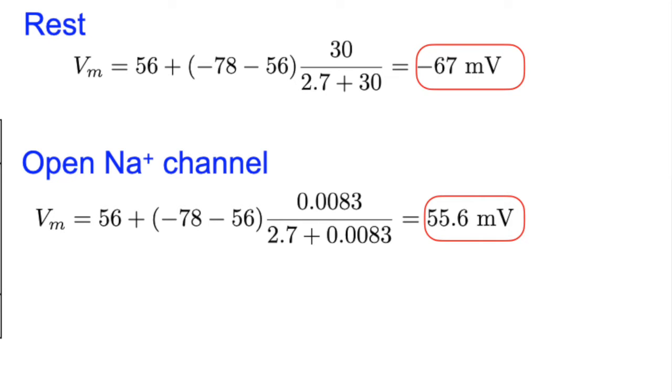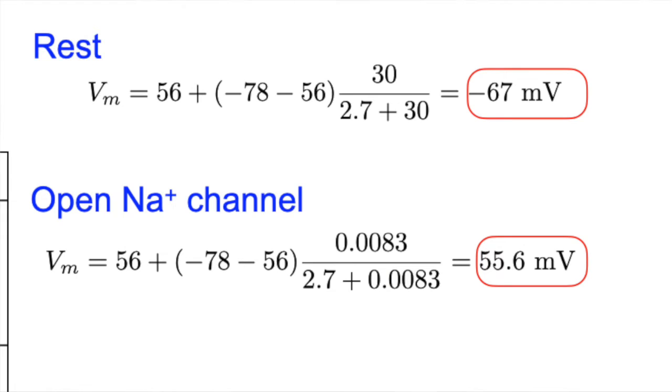And that changes the scenario quite dramatically to give us a value of 55.6 millivolts, almost the same as the sodium equilibrium potential. So we've gone from the equilibrium potential of potassium all the way up to a value almost equal to the equilibrium potential for sodium. And that shows the effect of these resistances in how the circuit behaves.